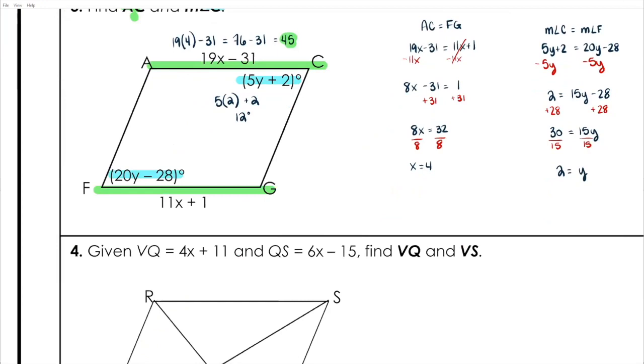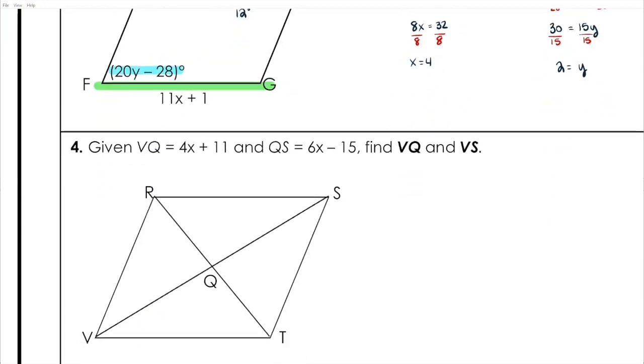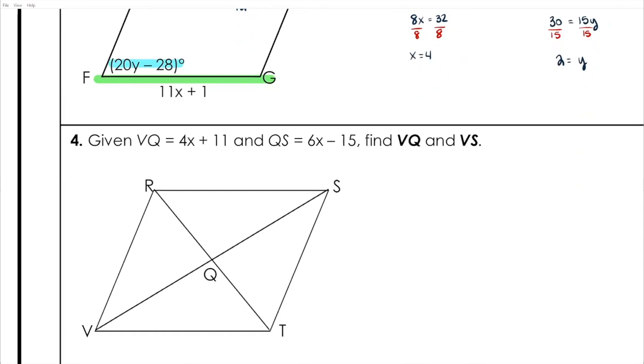Number 4, given VQ equals 4x plus 11 and QS is 6x minus 15, find the length of VQ and VS. Let's go ahead and label our diagram with our given information. So VQ is 4x plus 11, and QS is 6x minus 15.